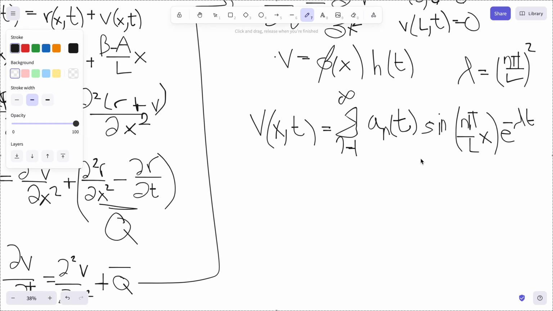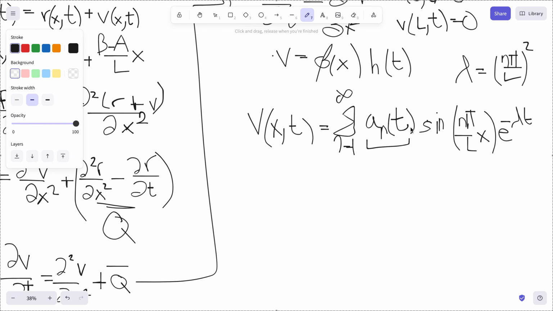Now, what we need to do is solve for our coefficient.